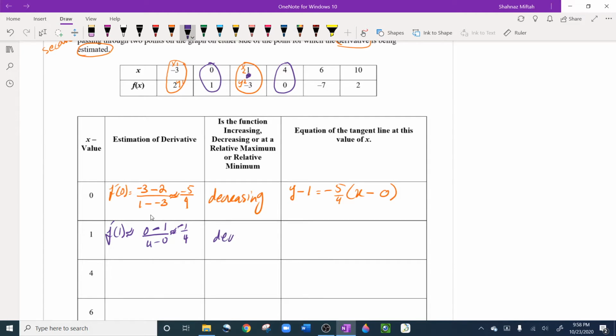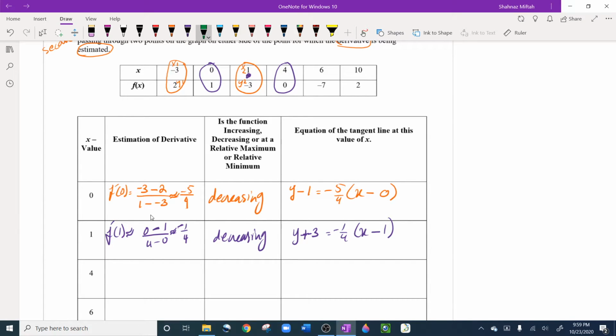Is it decreasing? Yeah, because it's negative. Equation: y minus, do I have a y value at x equal 1? Yes, it's -3. So y plus 3 equals the slope -1/4 times x minus 1, the x value.